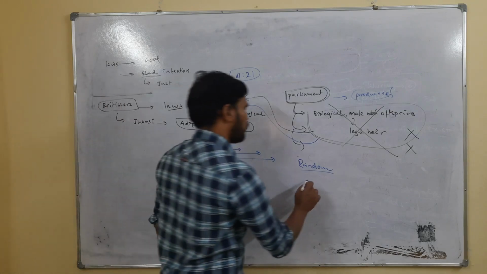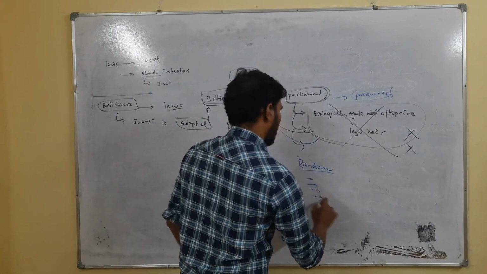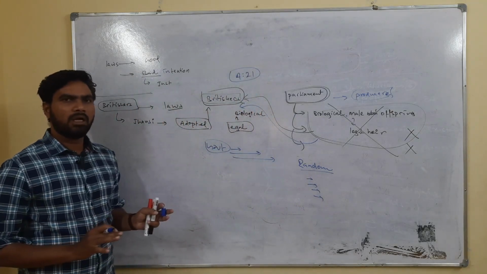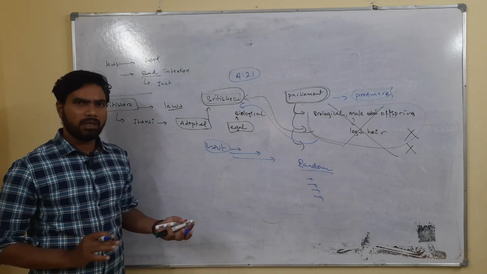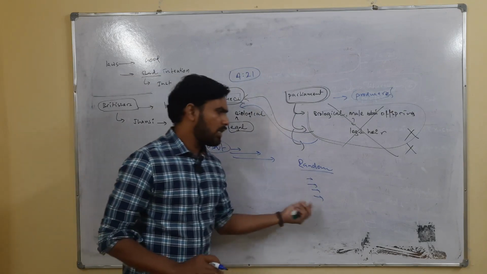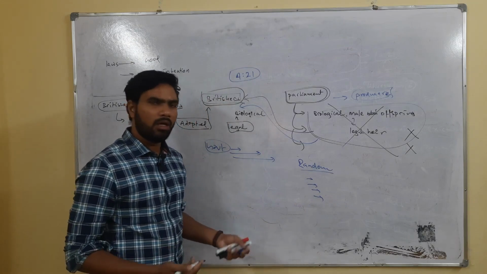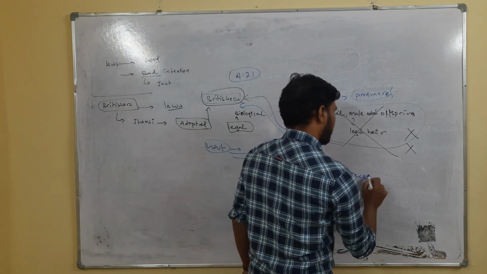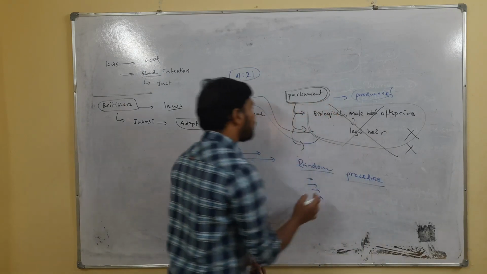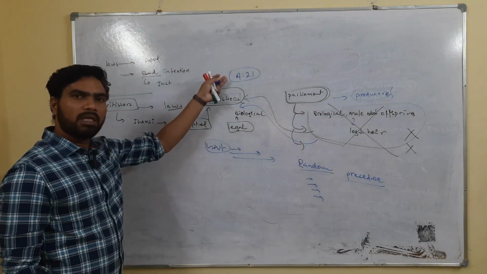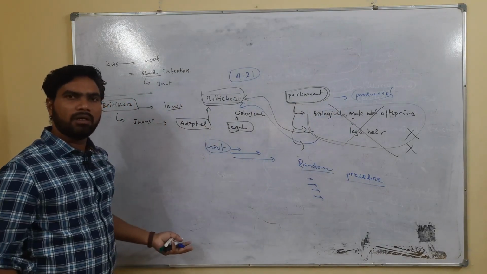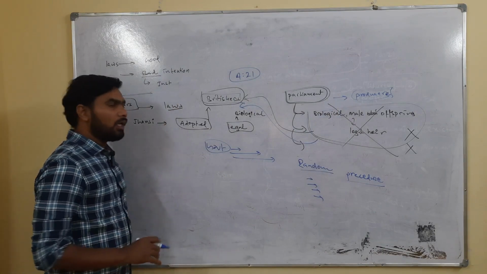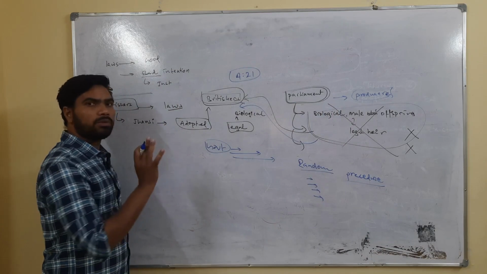If a person does any of this, that person can be arrested and put behind bars, and that person can be awarded the death penalty. In that way, the government can bring in a random law which will prescribe a certain procedure, and under this random law, the right to life and personal liberty of a person can be taken away. Is that possible or not? Yes, right. That is possible. There is scope for misuse.